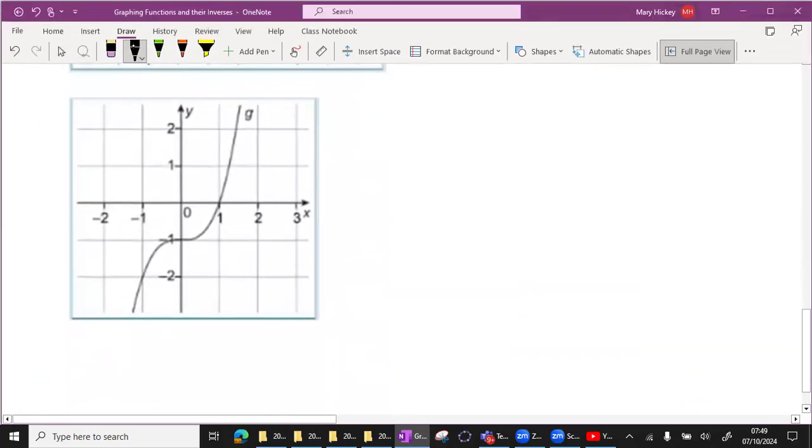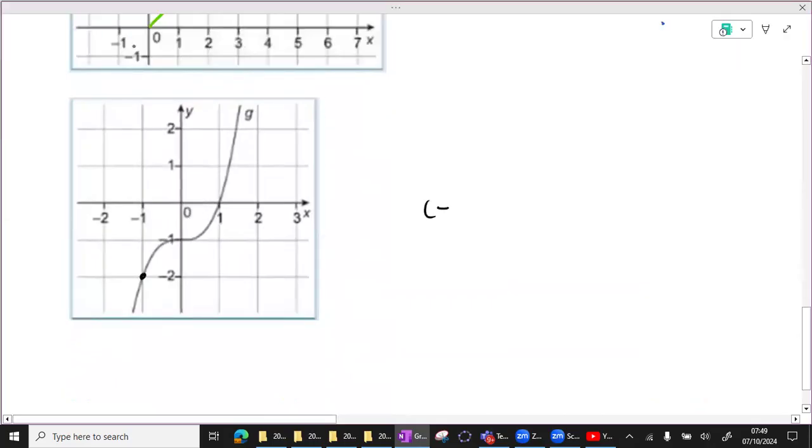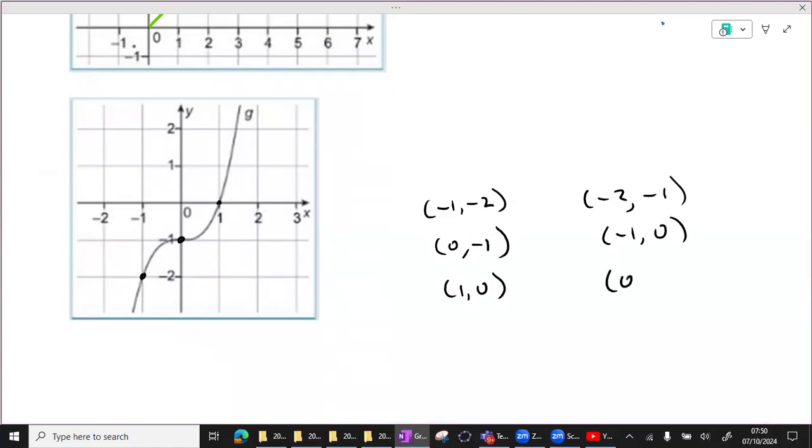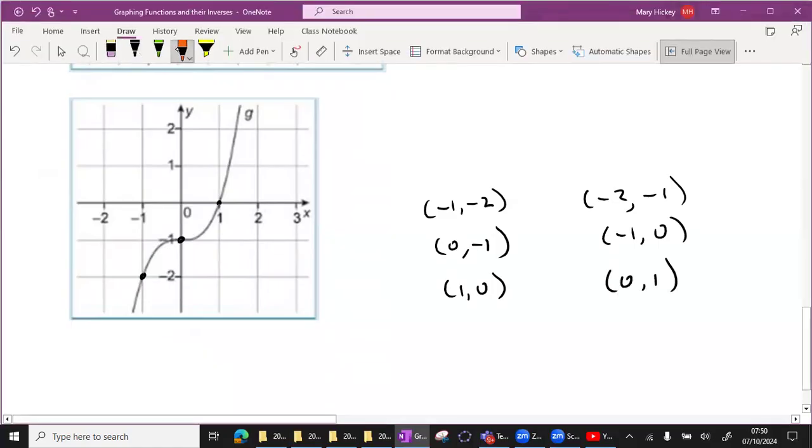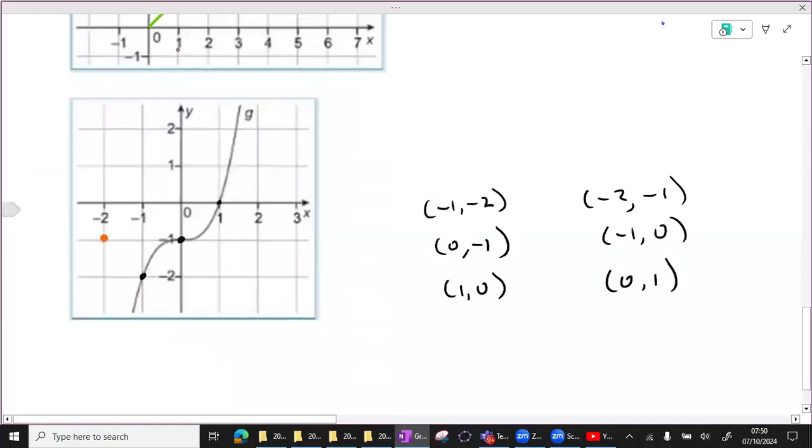And very last one, we have -2, -1, -2. Might pick this one here as well. 0, -1, 1, 0. Okay, and then we just switch them. -2, -1, -1, 0, and 0, 1. And I'm going to do this in orange. -2, -1, -1, 0, and 0, 1.